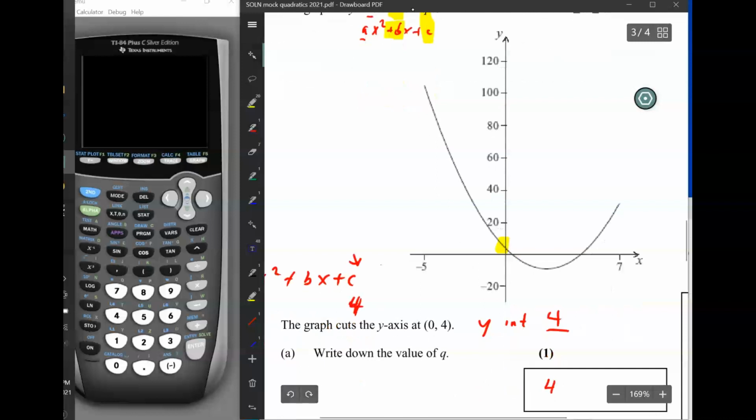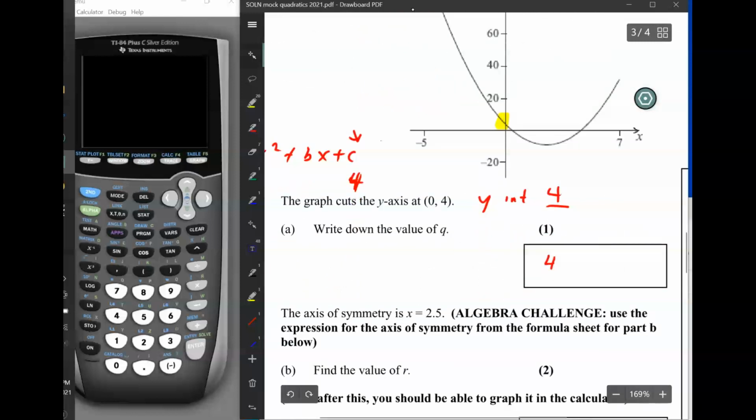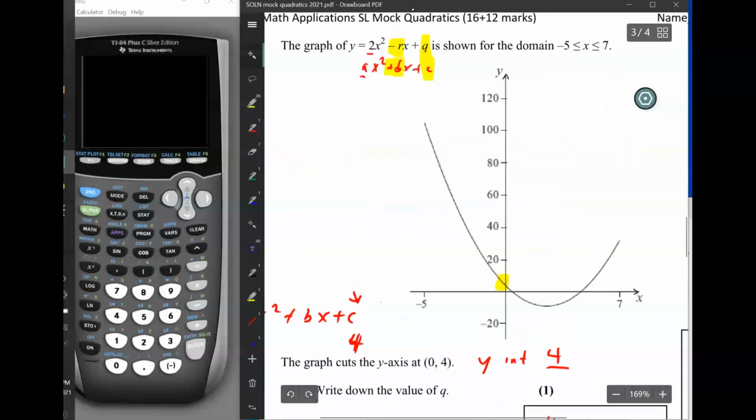Let's see what else they ask us. The axis of symmetry is x equals 2.5. Find the value of r. The value of r is actually the value of negative b, right? Because positive b is equivalent to negative r. So if we find out the value for b, we can find out the value for negative r. How do we find out the value for b?